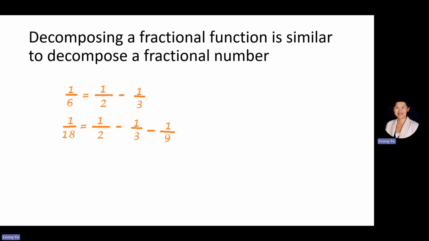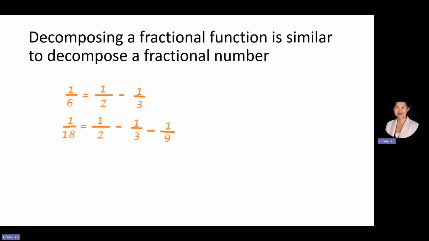Another one is 1/18. 18 is equal to 2 times 3 squared, so if you write that into smaller fractions, it's 1/2 minus 1/3 minus 1/9.